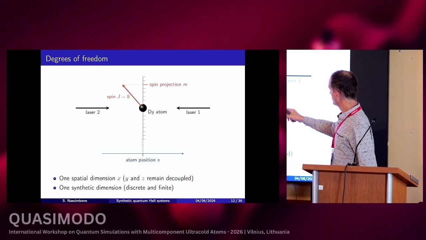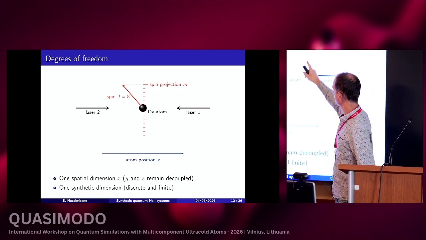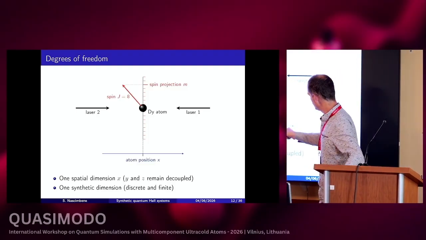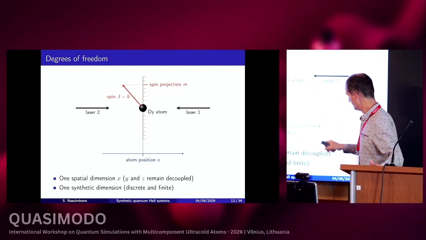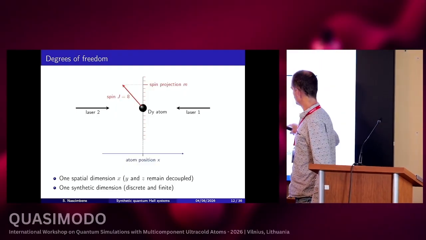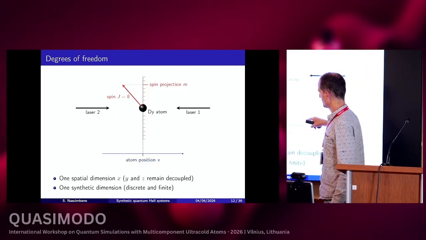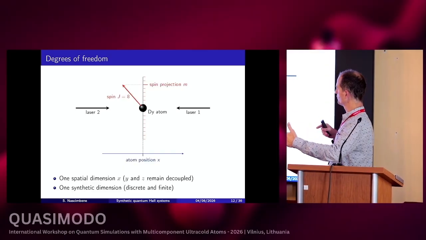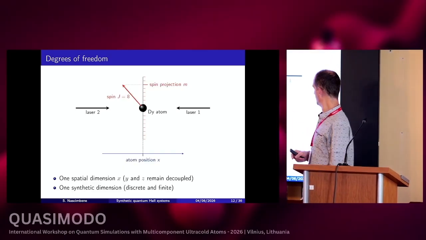So as I said, there are 17 states in the internal structure of the atom. And then we will consider another dimension, which is a spatial dimension, the position of the atom along a given direction, which is the direction along which we send a pair of counter-propagating lasers.